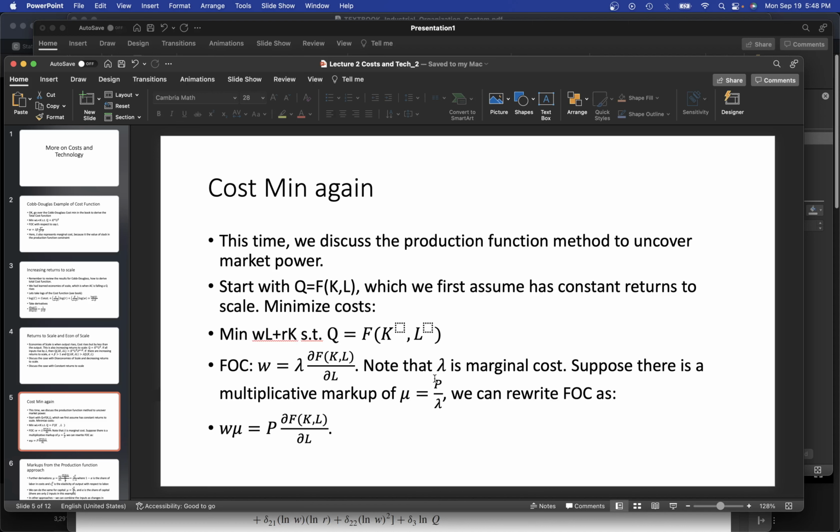So let's further work with this expression. You isolate mu on one side, and you bring the other things to the other side. You've got PQ over WL times partial F partial L divided by Q over L. First, this thing here is the inverse of the share in labor costs.